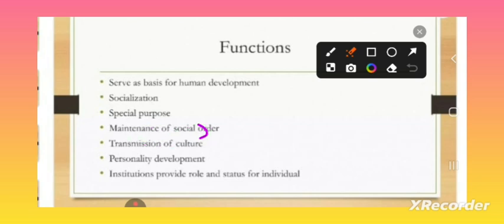Help achieve a social purpose, the maintenance of social order. Facilitate transmission of culture. Contribute to personality development. Provide role and status for the individual within society.